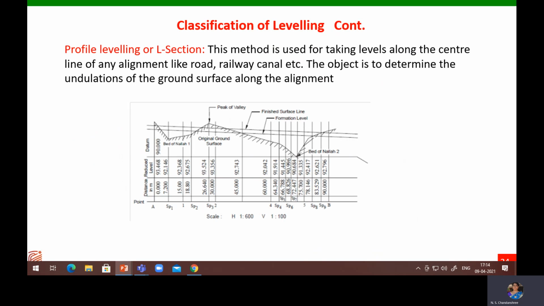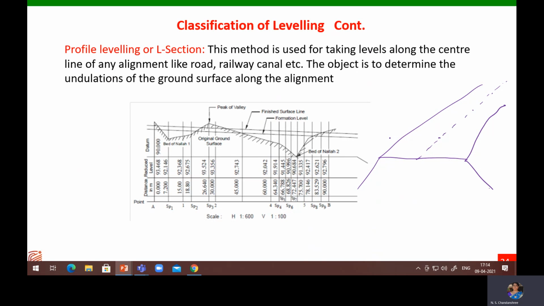Next is profile or L section. L section is also called the longitudinal section. Let us consider one road like this. The longitudinal section is the reduced level along this portion.